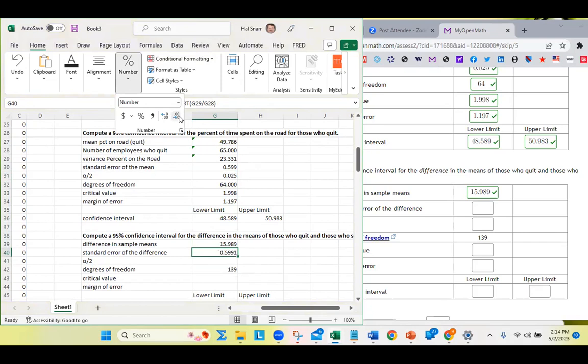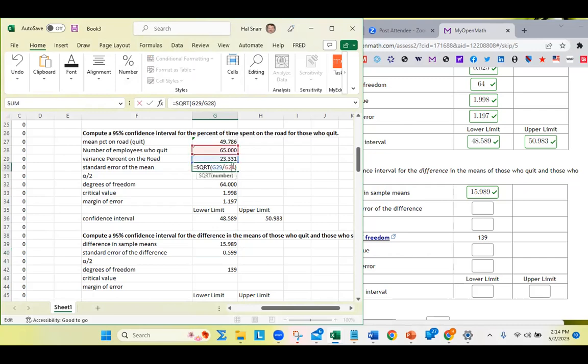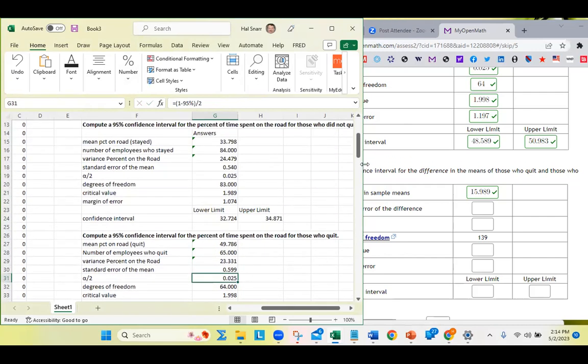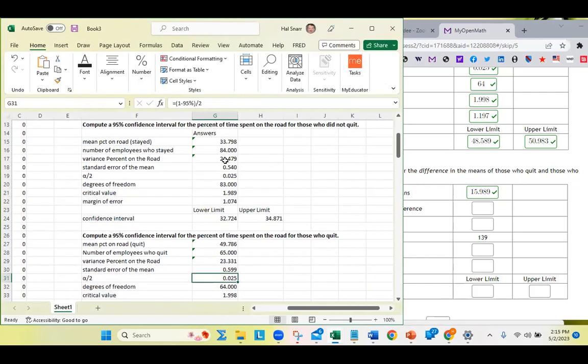That was the formula for those who quit, right? Now I'm going to go up to those who did not quit and click on the standard error of the mean for those who did not quit. I'm not going to copy the whole thing. I'm only copying G17 divided by G16.